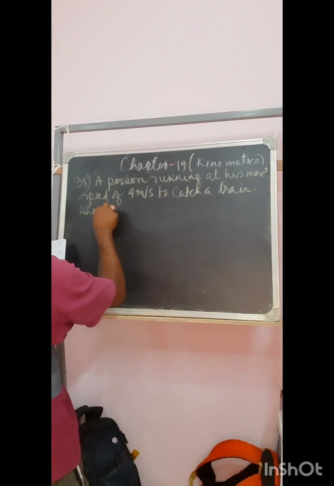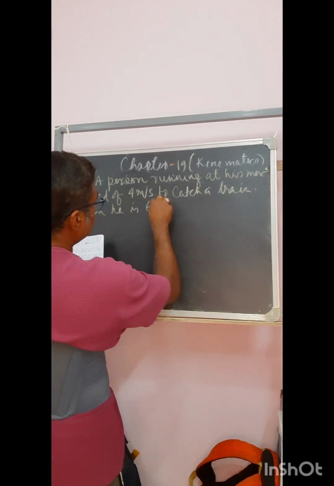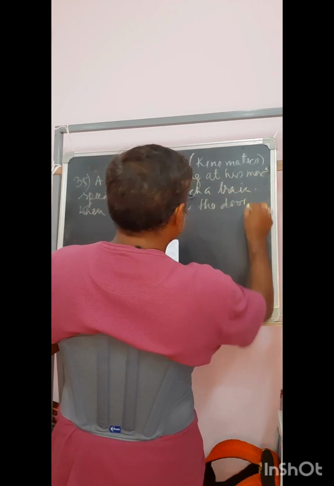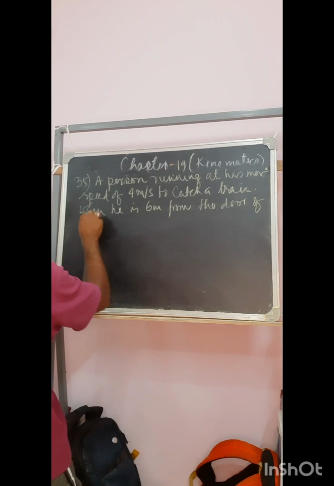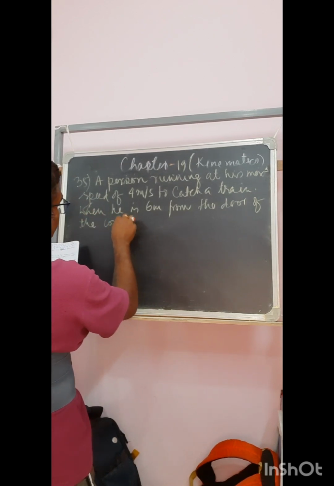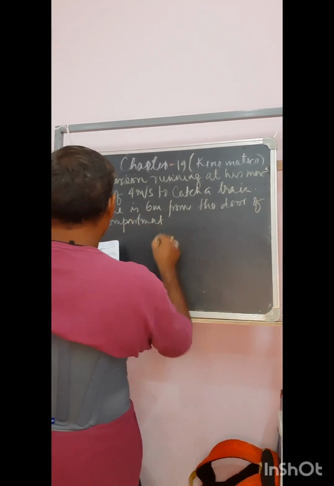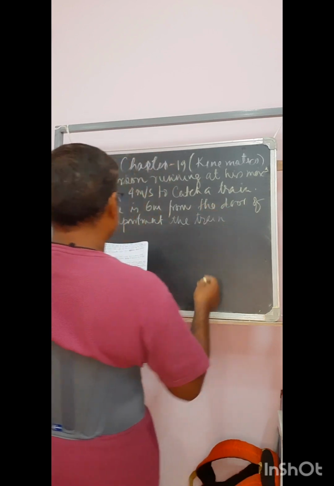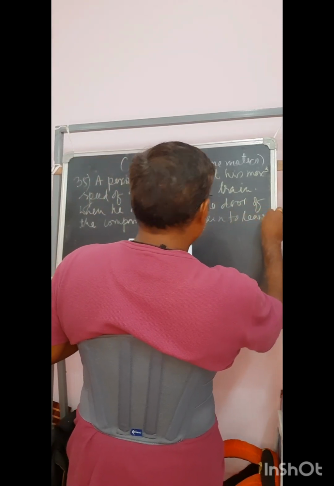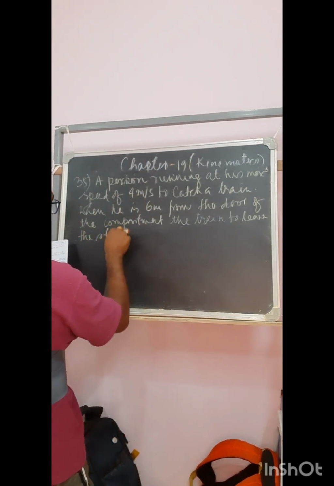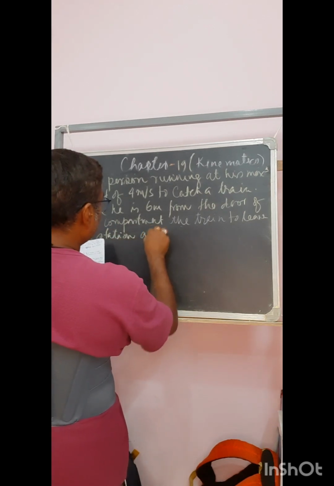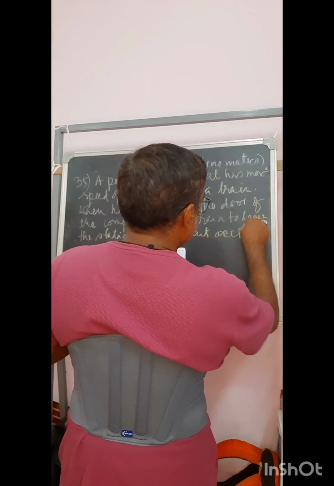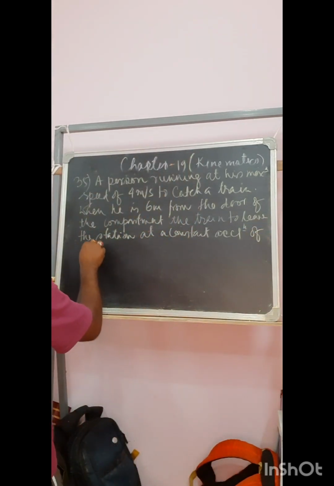When he is 6 meter from the door of the compartment, the train starts to leave the station at a constant acceleration of 1 meter per second square.